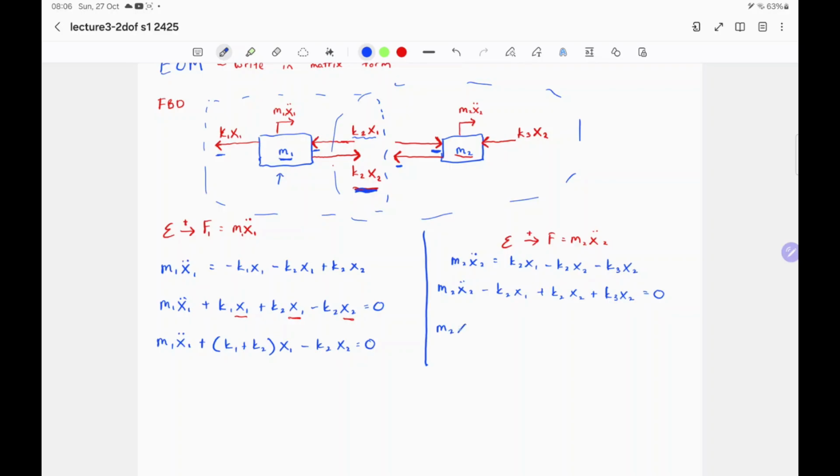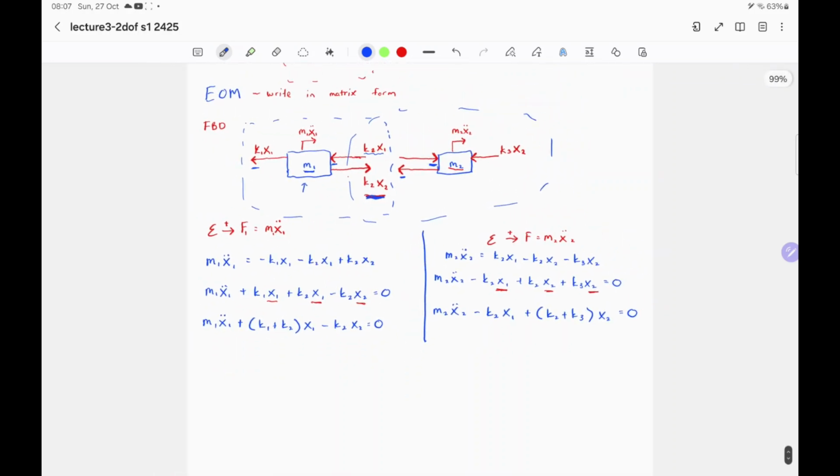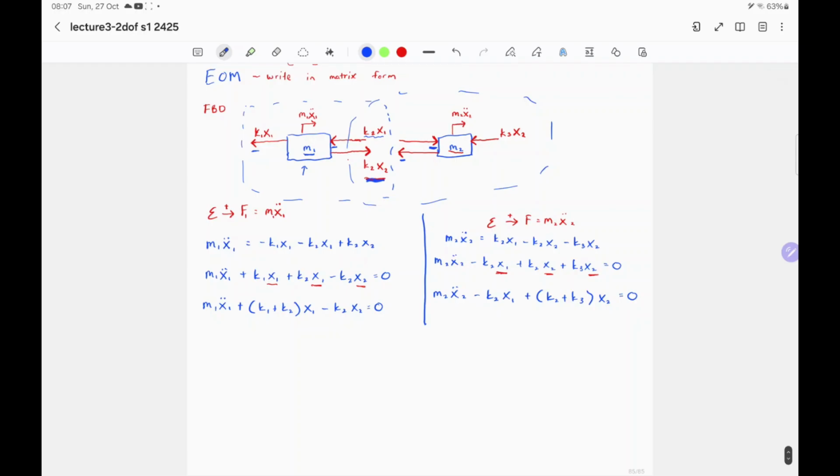So m2 x double dot 2. Now we're trying to simplify it: x1 with x1, x2 with x2. Negative k2 x1 plus (k2 plus k3) x2 is equal to 0. And then finally we need to write it in matrix form.